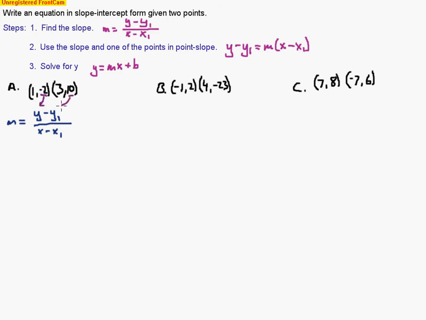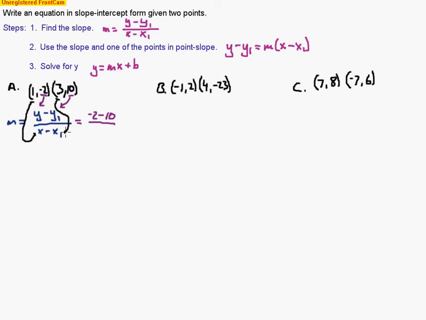We're going to put those in place of the 2 y values on top of this fraction. So -2 minus 10. Now down below, we're going to take the 2 x values. Those x values are 1 and 3. And we're going to put those in place of our x values here.